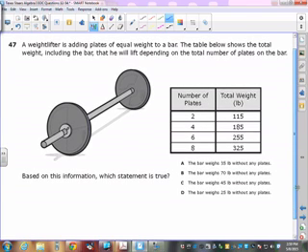Okay, let's look at this problem. Okay, every time you add 2 plates, the weight goes up 70 pounds. All right, so if we subtract 70 from 115, okay, we get 45. That tells us that when there were 0 plates on there, that bar weighed 45 pounds.